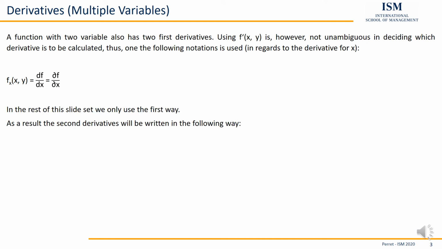So for example, something like this. If we want to go twice for x, we just write f xx. And if we consider this for f and x and y, we would write it like f and then small xy.